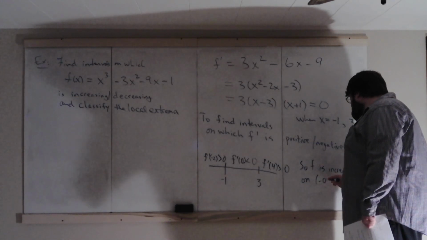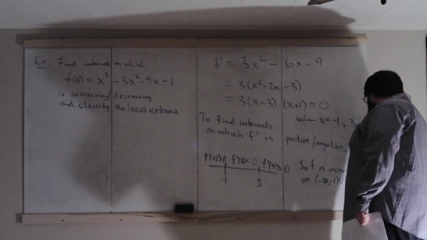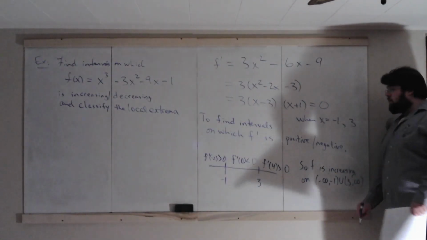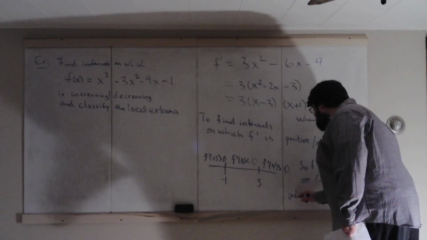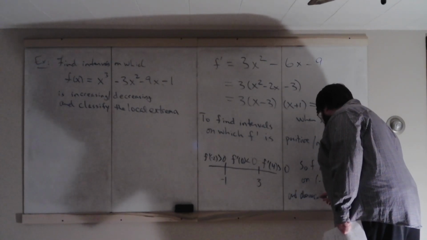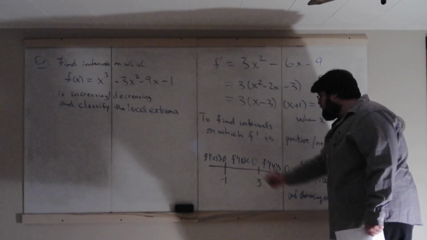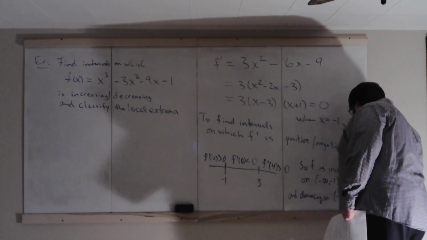So negative infinity to negative 1 and 3 to infinity. So wherever the first derivative is positive, f is increasing. And f is decreasing wherever it's negative, and in this case, negative 1 to 3.